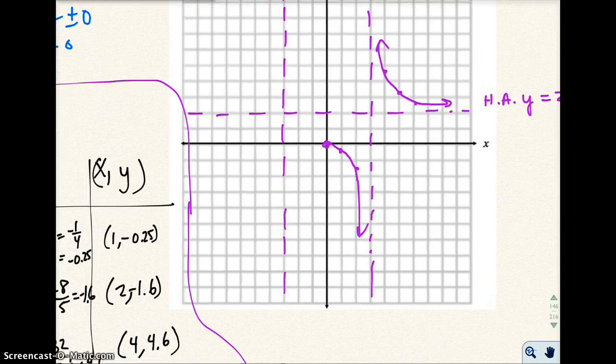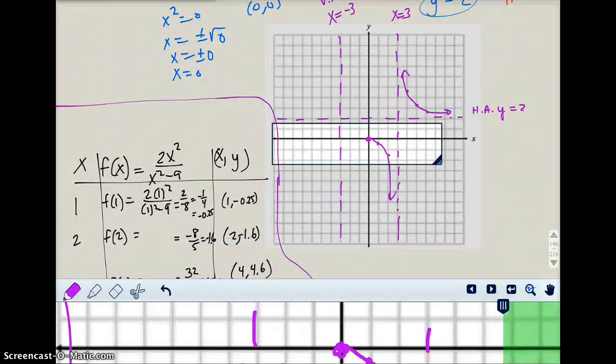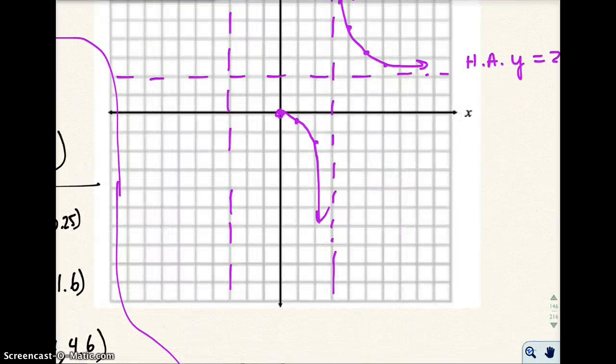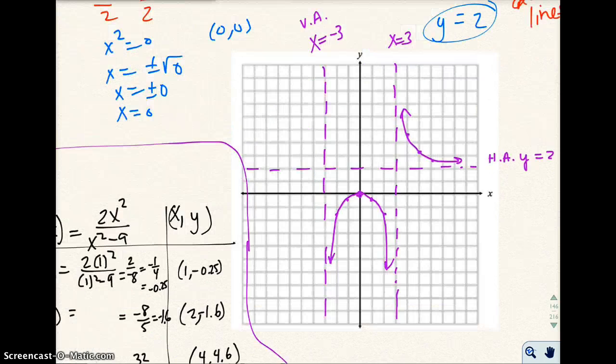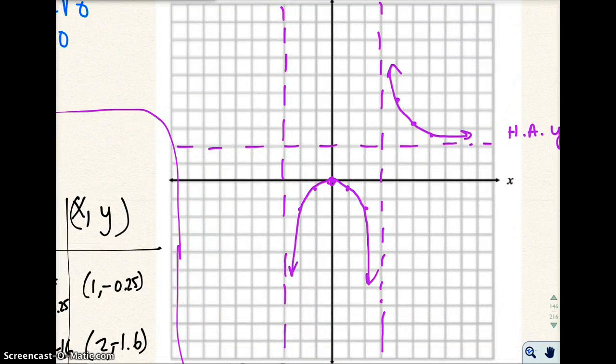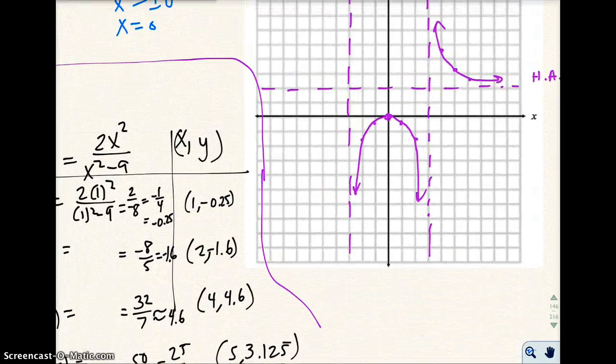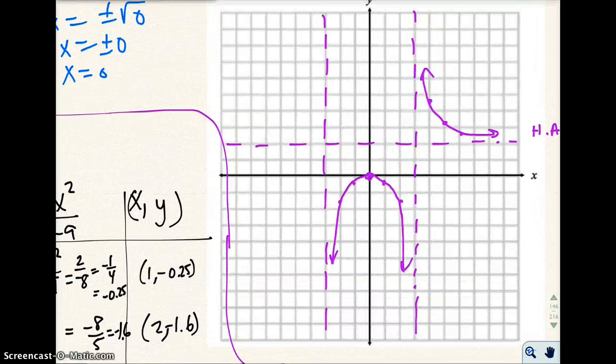Again, since we have y symmetry, I can go ahead and reflect my points across the y-axis. And here I had 5 and 3.125. And I do negative 5 right there.